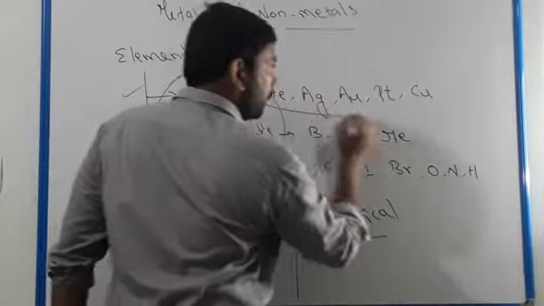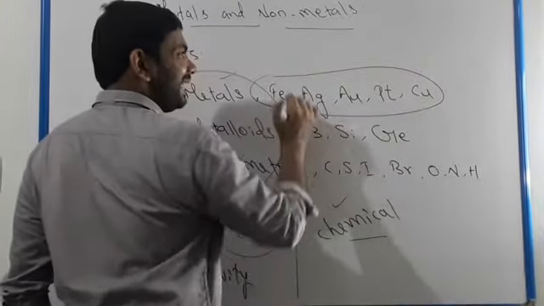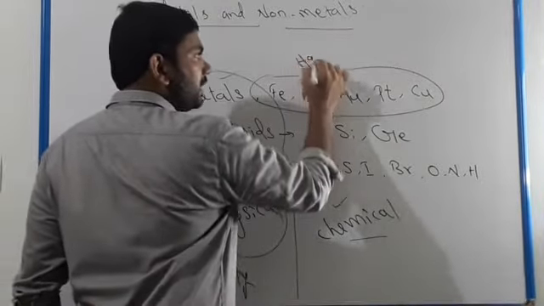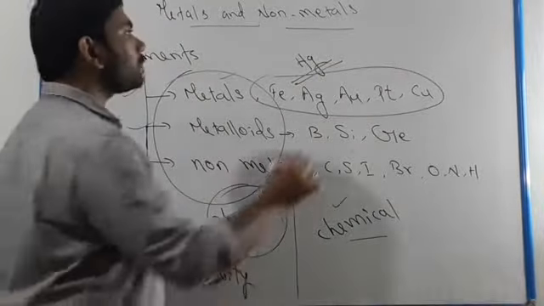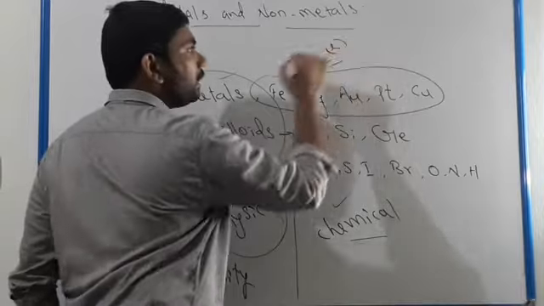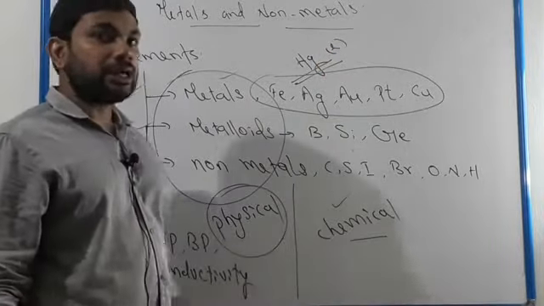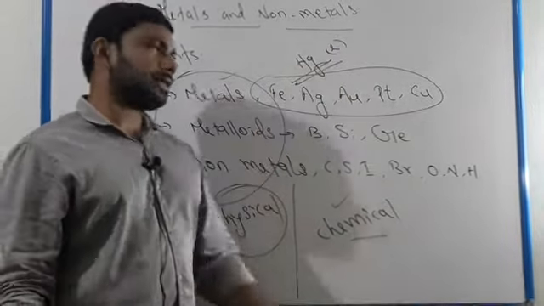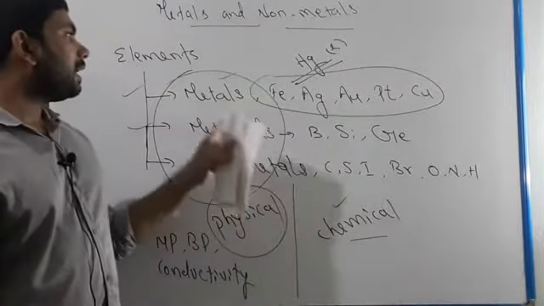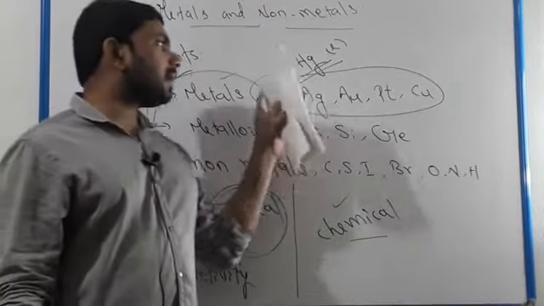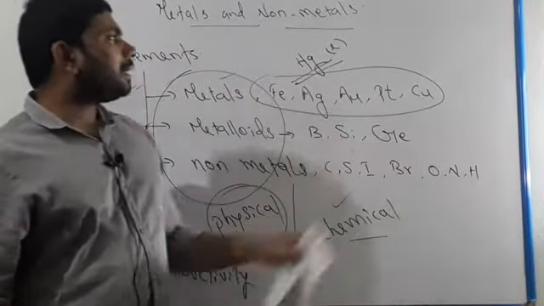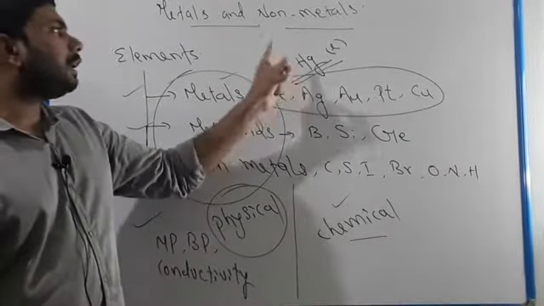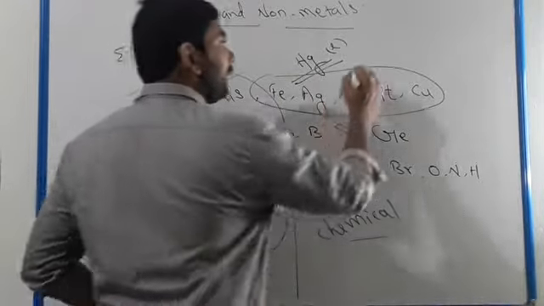They are in the solid state except mercury, Hg. Mercury is a metal, but it is in the liquid state at room temperature. This is one exception. Generally metals are solid, except mercury, which is liquid, and also gallium.